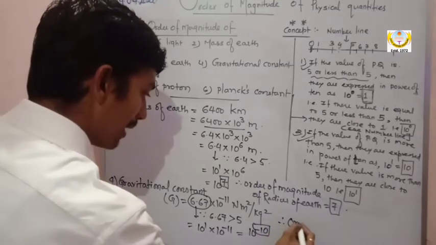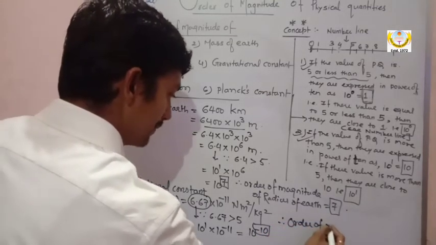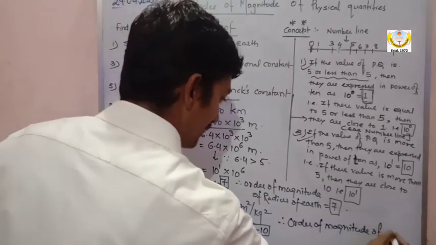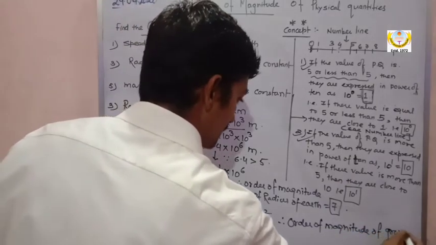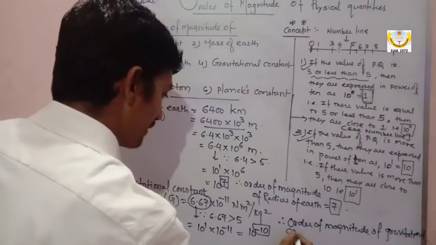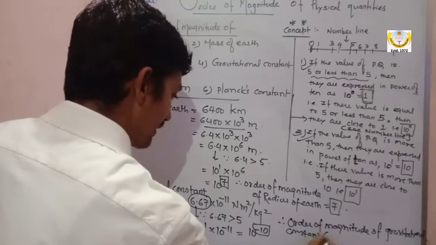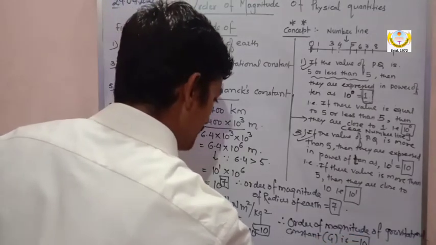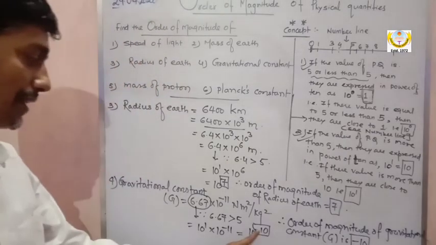Therefore, the order of magnitude of gravitational constant, that is capital G, is minus 10.